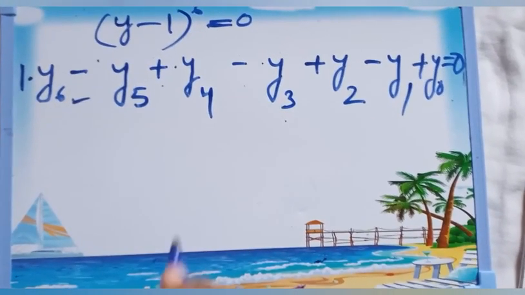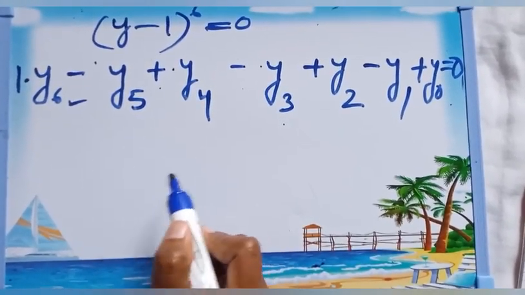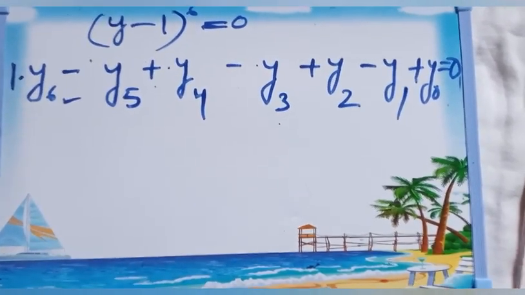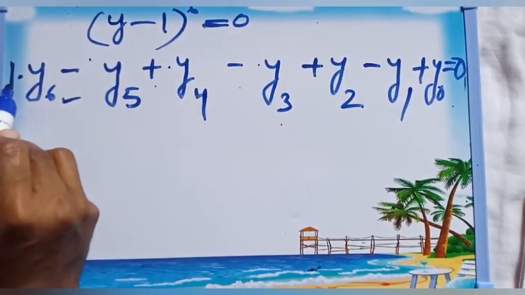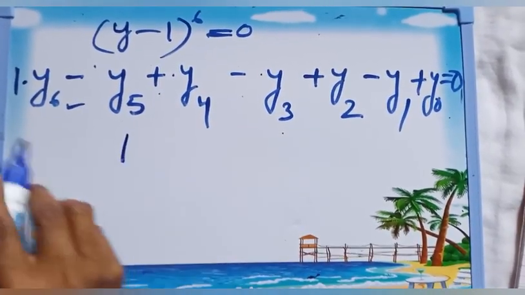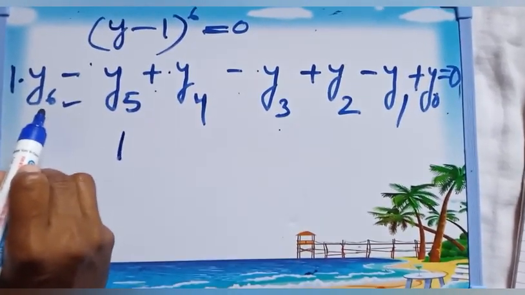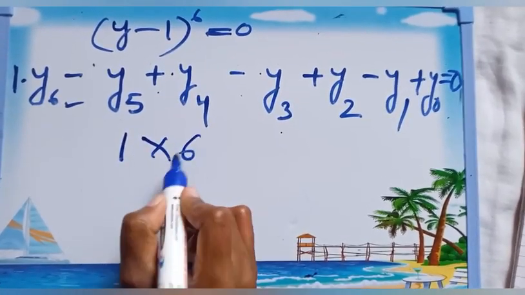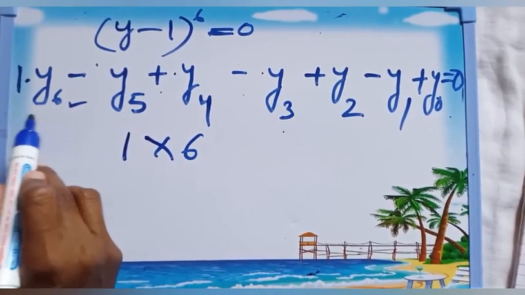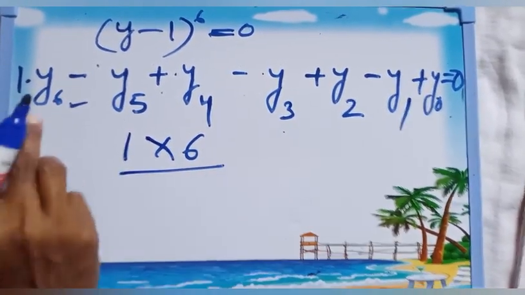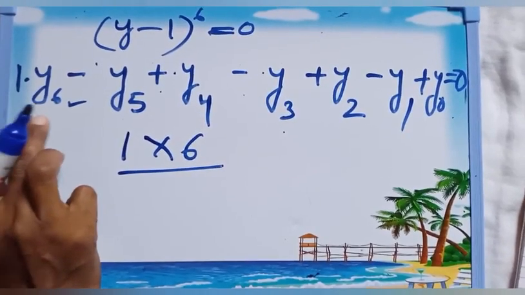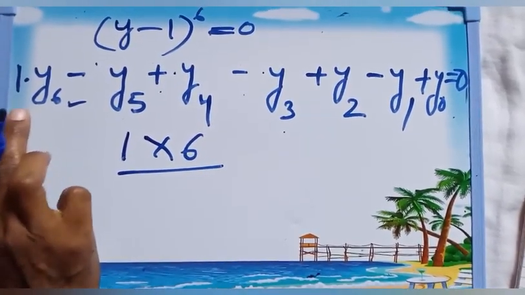Now whatever formula we wrote, we have to apply that formula. First one is previous coefficient. Previous coefficient is 1, and previous subscript is 6. Previous rank means previous term; this first term is called the first rank.